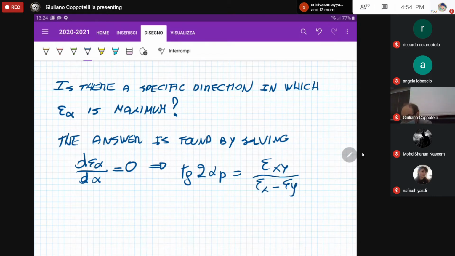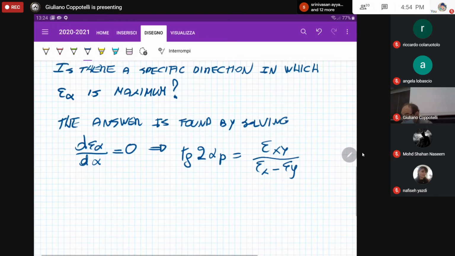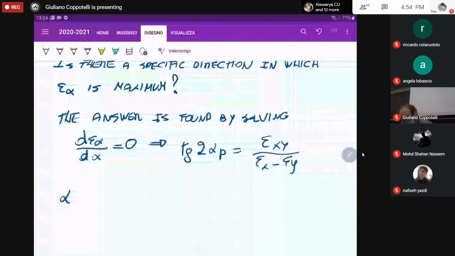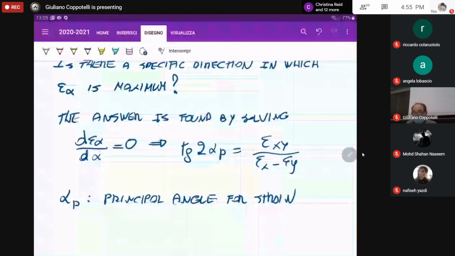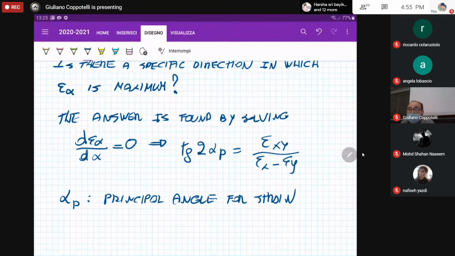Okay, so alpha p is by definition the principal angle for strain, and just by answering your colleague, it is not said that it is equal to pi/4, of course.